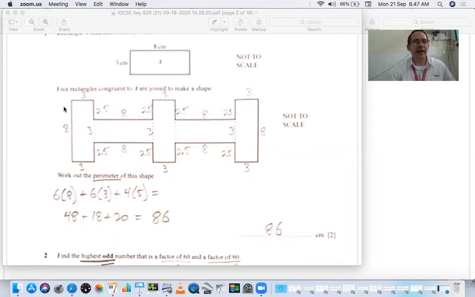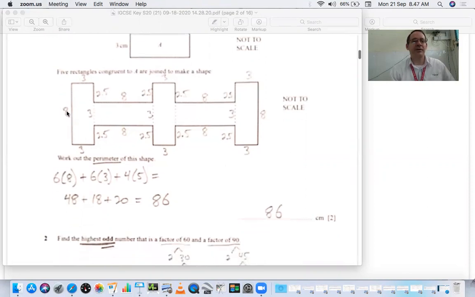So notice you have 8 long by 3 wide. So if it's 8 long and you are up against a 3 wide, that leaves 5 left over for the side. Then you have 8 long, and you work all the way around doing that. So notice that you have 6 lengths of 8, and 6 lengths of 3.